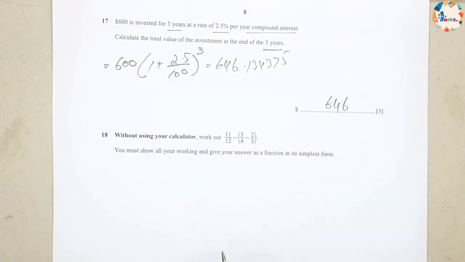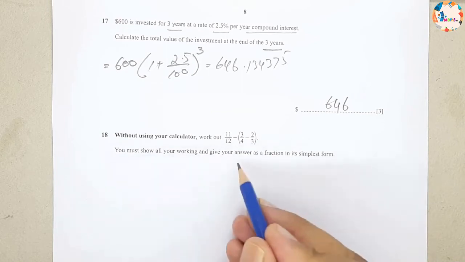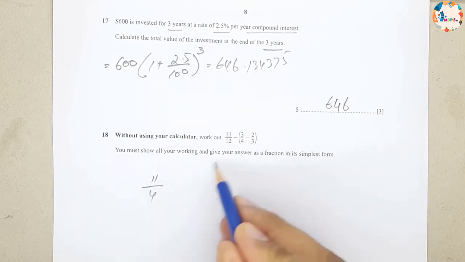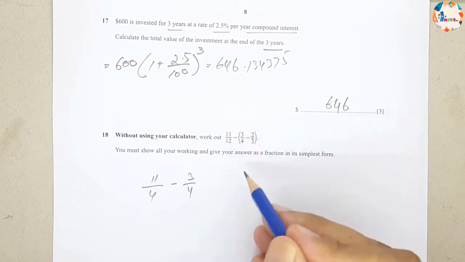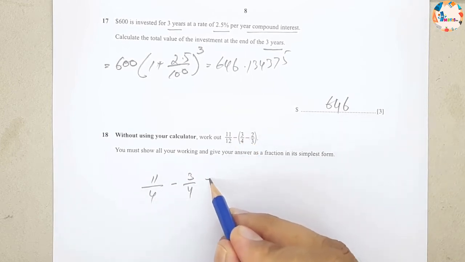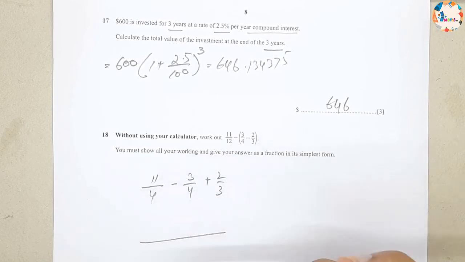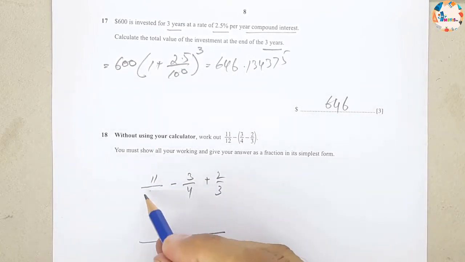Without using your calculator, work out this one. So what we will do, we will just write this and open the brackets. So minus 3 by 4, and minus into minus will be plus 2 over 3. Now this is 12, so we can take 12 as LCM.